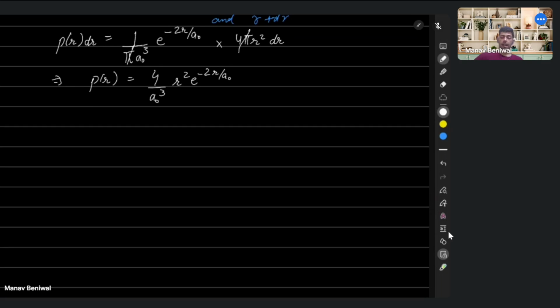So when we are asked to find the most probable distance where our electron is, and this is the probability of finding the electron at any distance r, the most probable distance will be the one where the probability is maximum. Okay. So most probable distance, let's call it r naught.